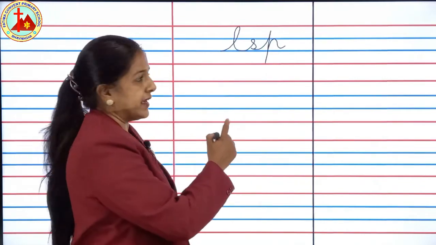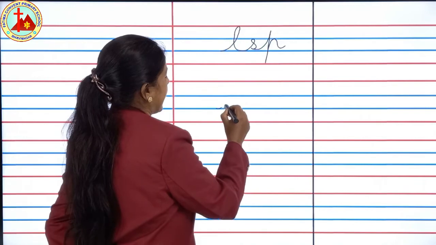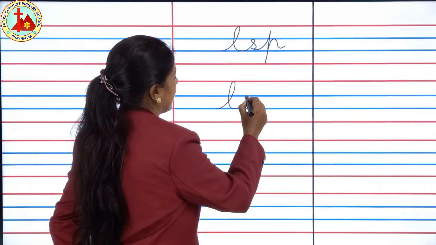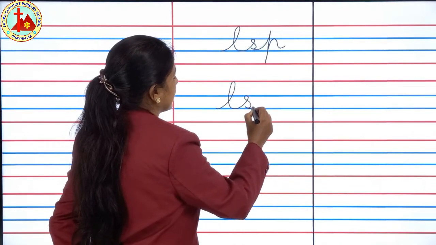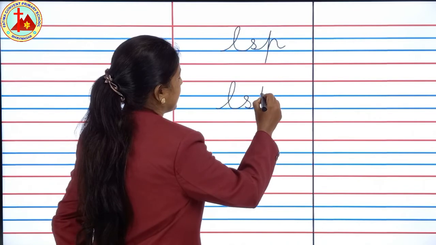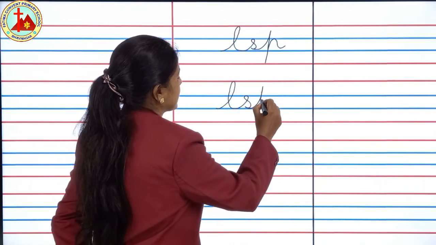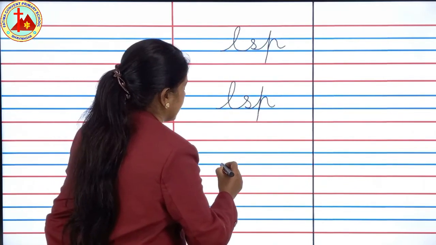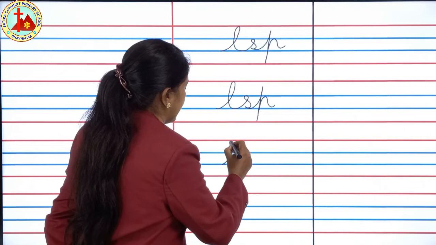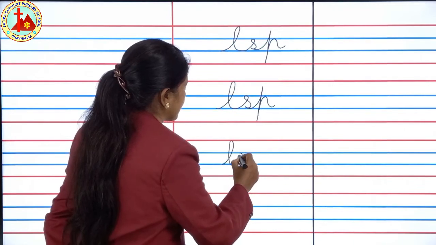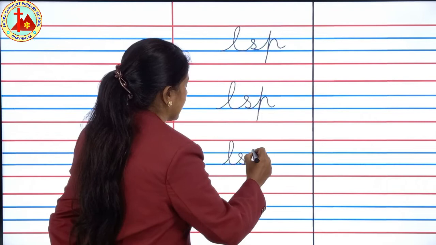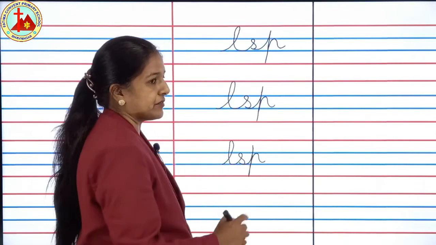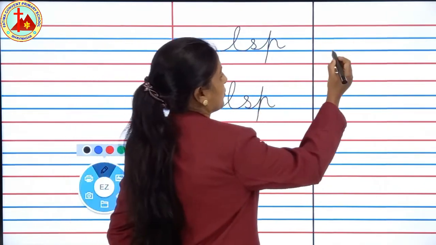L, S, P. Without lifting your pencil, L, S, join P with L and S. Cursive small L, cursive small S, and cursive small P. Without lifting pen and hand you have to write.